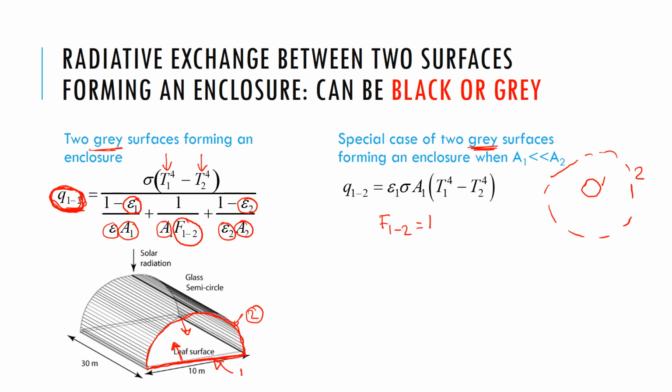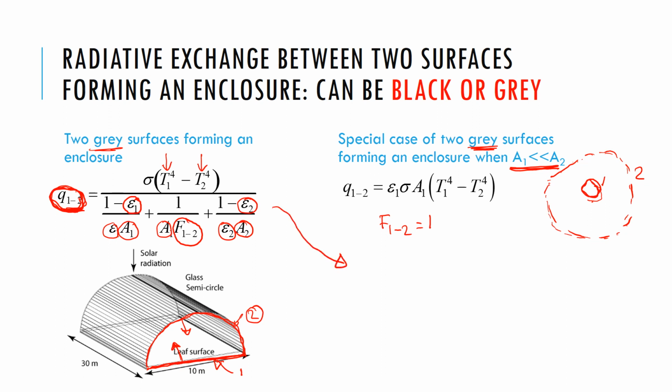But we also put the additional restriction that A1 is much less than A2. So this would be like us standing in an empty room. Our surface area A1 would be much smaller than the surface area of the room. So A1 is much less than A2.